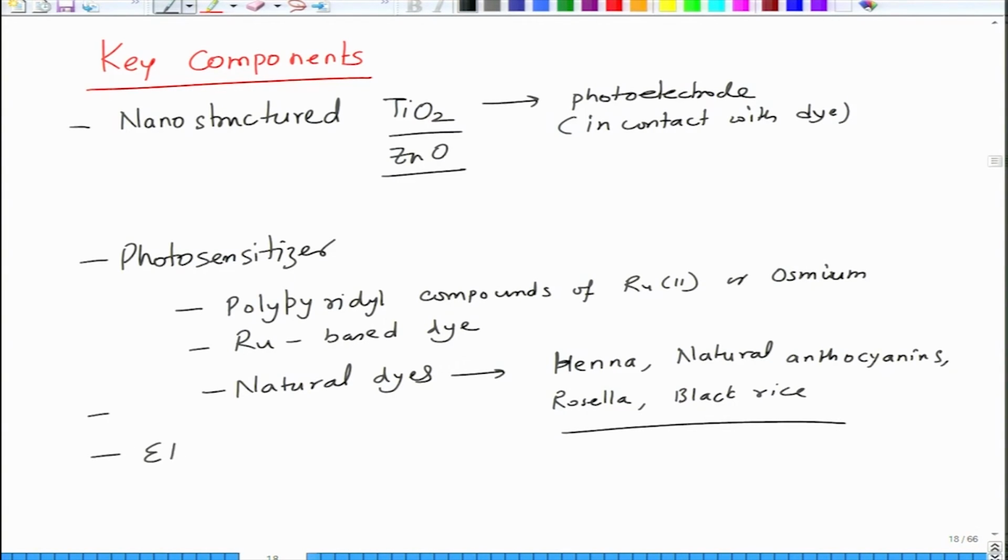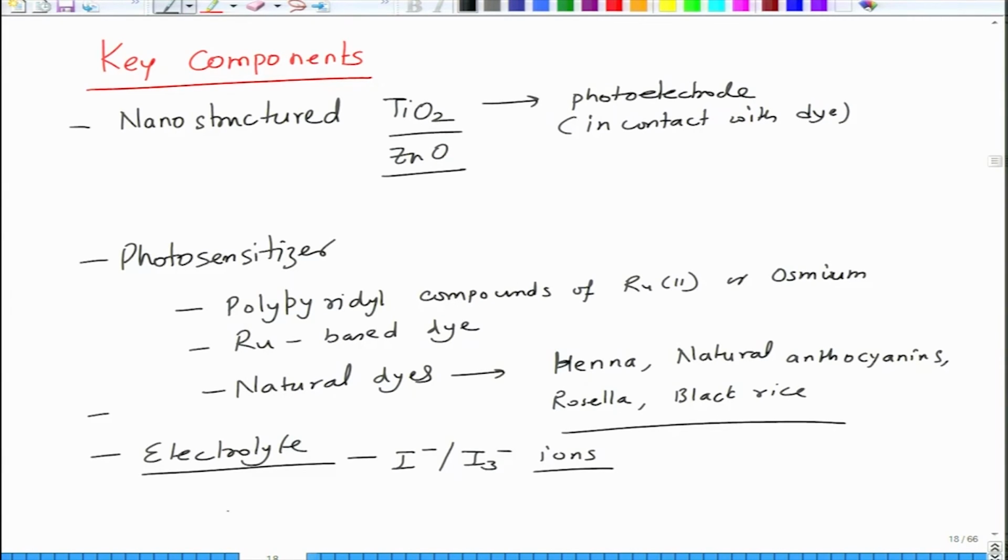As far as the electrolyte is concerned, the electrolyte contains I minus and I3 minus ions. So basically these are redox ions which are used to regenerate the oxidized dye molecules, as we saw earlier, and to complete the electrical circuit by mediating the electrons between the nanostructured electrode and the counter electrode. Okay. So this is the constituent of the electrolyte.